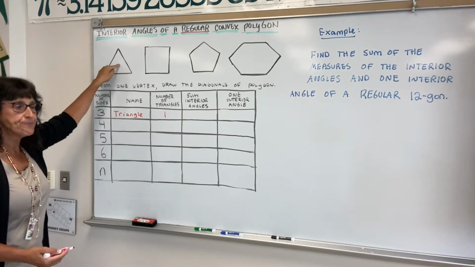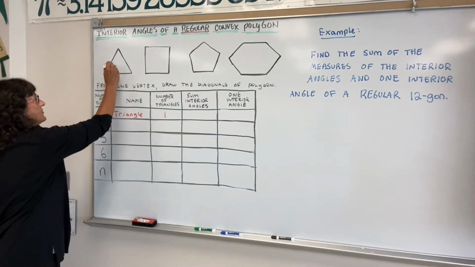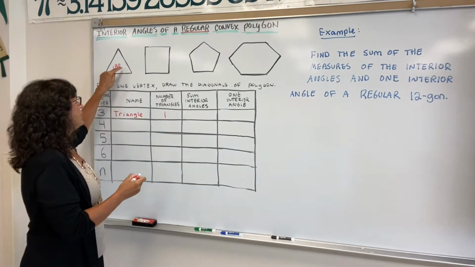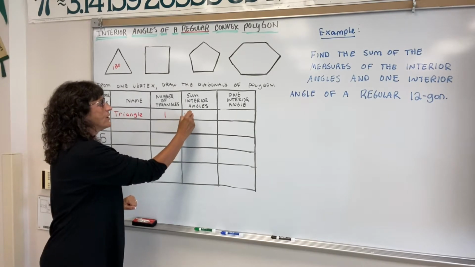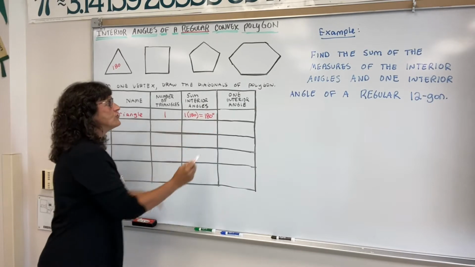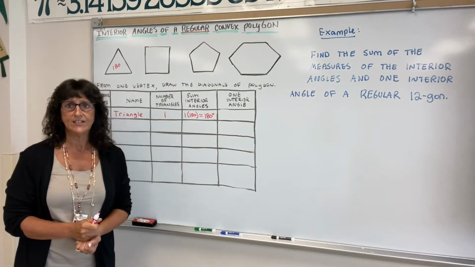The sum of the interior angles, well, a triangle contains 180 degrees. You only have one triangle here, so you take that one triangle, multiply it by 180, and you get 180 degrees. So the sum of the interior angles of a triangle will always be 180 degrees.